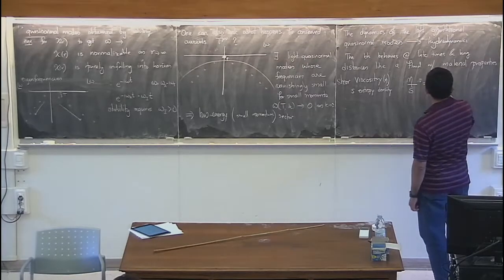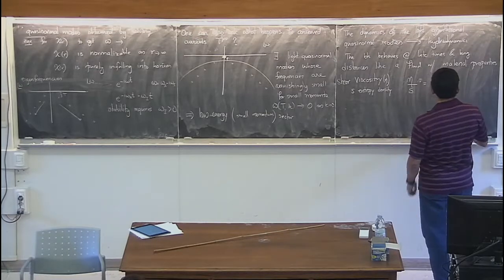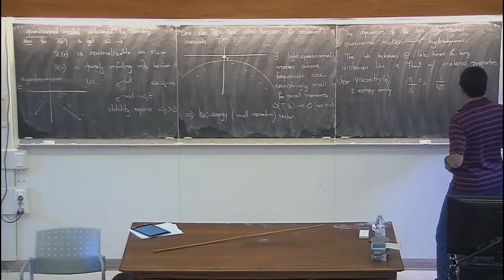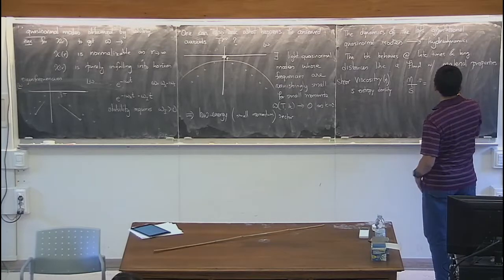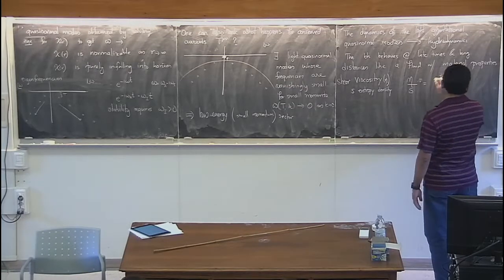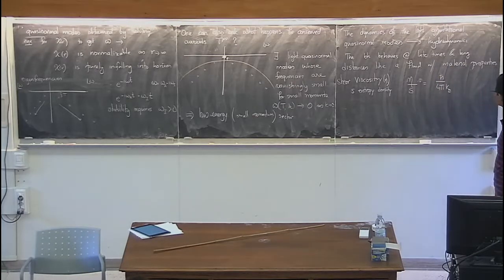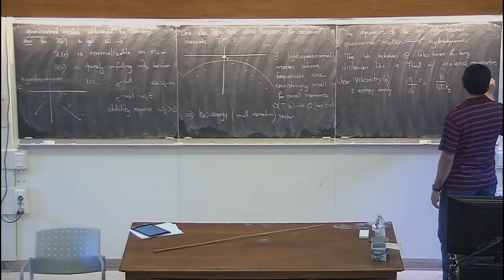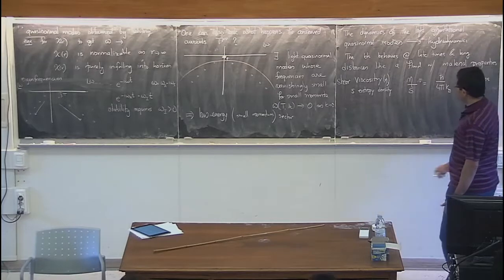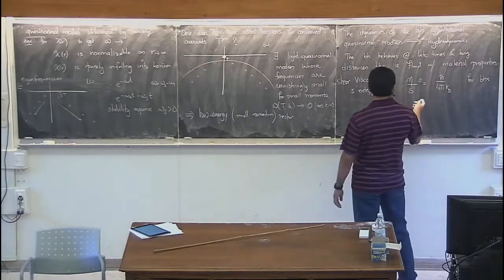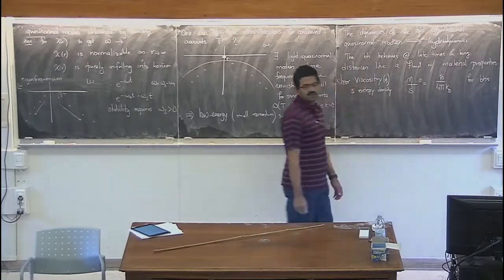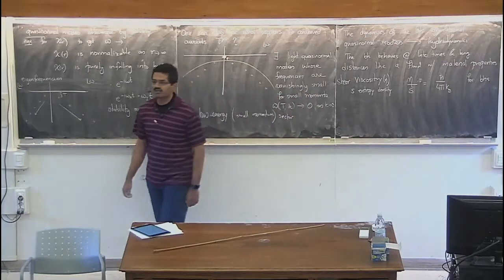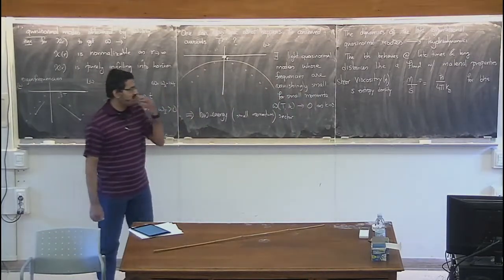And you find that for black holes, you get an answer which is 1/4π. In fact, if I put dimensions right, you get ħ over 4π k_B. And what they noticed was that this number is anomalously small, much smaller than anything that you would see in any other material.